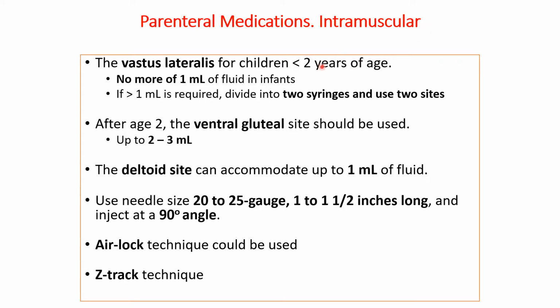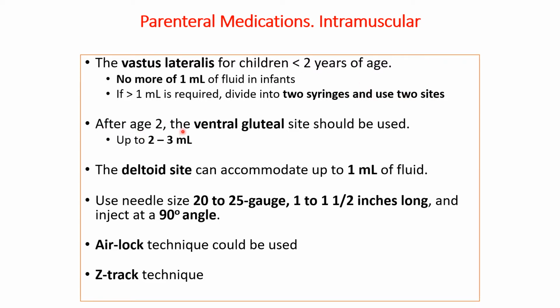In children, usually less than 2 years of age, we use the muscle that is in the lateral part of the thigh, because it's the only muscle big enough to receive intramuscular shots in small children. This muscle is called vastus lateralis, and is accepting no more than 1 milliliter of fluid. If for any reason the doctor orders more than 1 milliliter, it needs to be given in different shots.